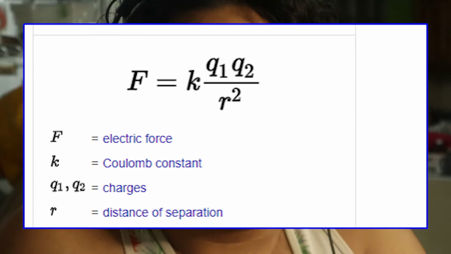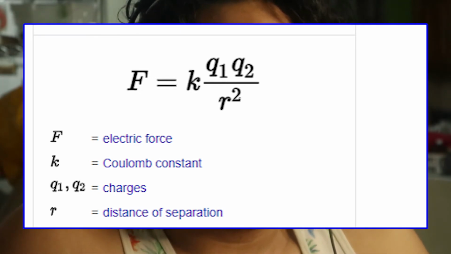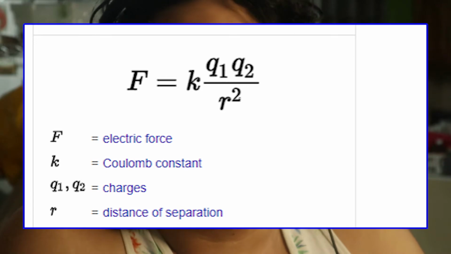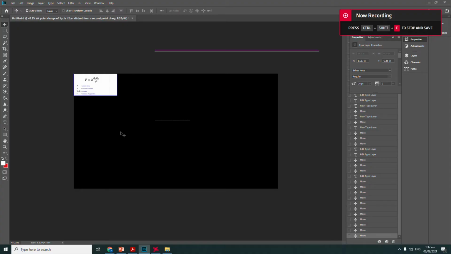It shows that F equals k Q1 Q2 over r squared is the formula of Coulomb's law, and that is the way we're going to find the electrostatic force. We're going to take a sample problem and do our best to solve it. I'm going to show you in the next slide.